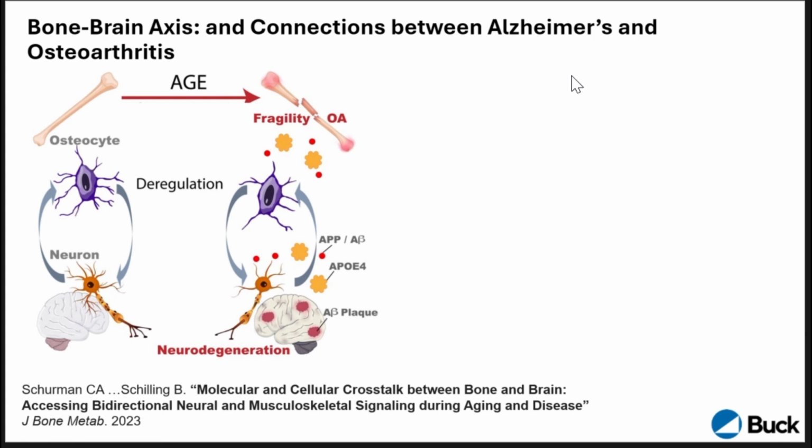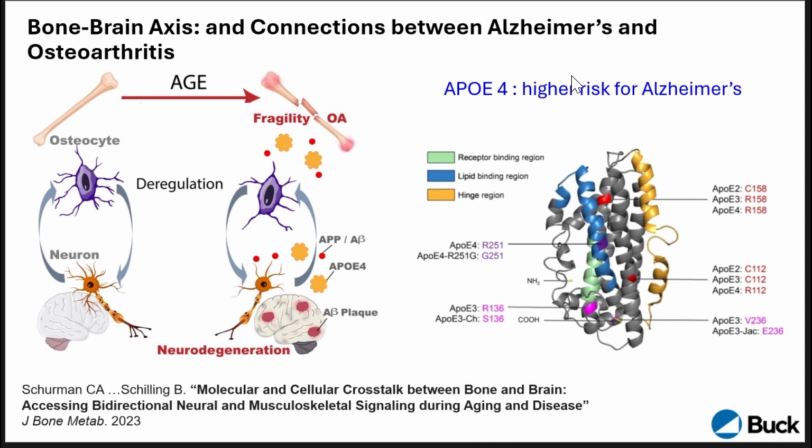Alzheimer's and osteoarthritis are often linked and are risk factors for each other. We had some mouse models where we looked at ApoE, ApoE3, ApoE4, ApoE2. Most people have ApoE3. Those are just mutations in the ApoE proteins, very few mutations. ApoE4 is a higher risk factor for Alzheimer's.